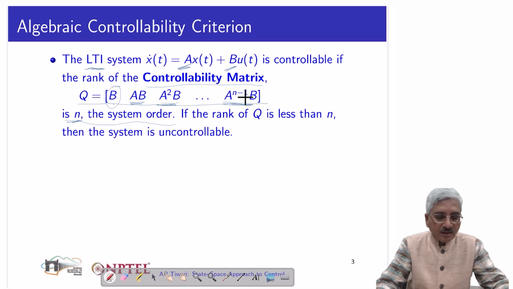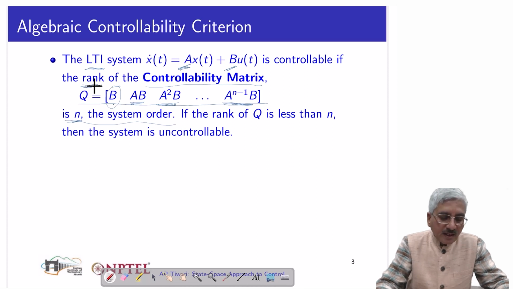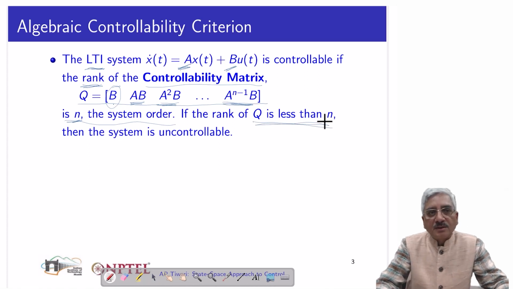We check its rank, and if the rank comes to be n, the order of the system, then the system will be controllable. If the rank of Q is less than n, then the system is treated to be uncontrollable.